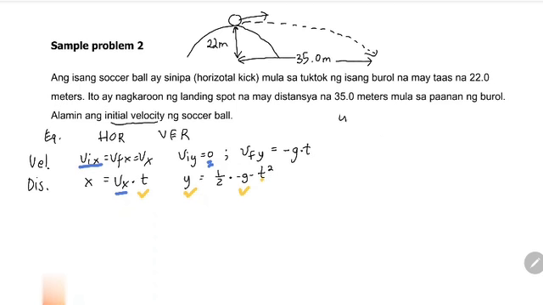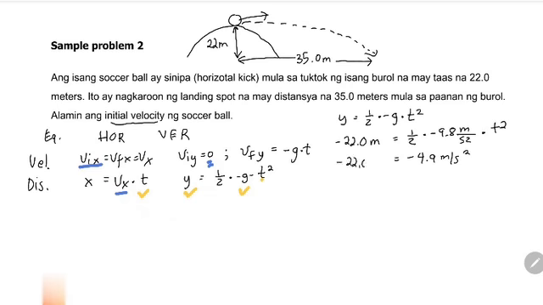So, let's use this equation first. 1/2 times negative g times time square. Y is negative 22 meters. 1/2 times negative 9.8 meter per second squared times the time squared. Again, this is 4.9 meter per second squared. 22 meters times time squared divided by negative 4.9 meter per second squared. Cancel this one as well. Divide by negative 4.9.